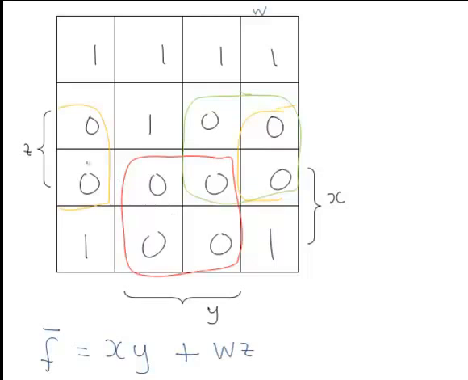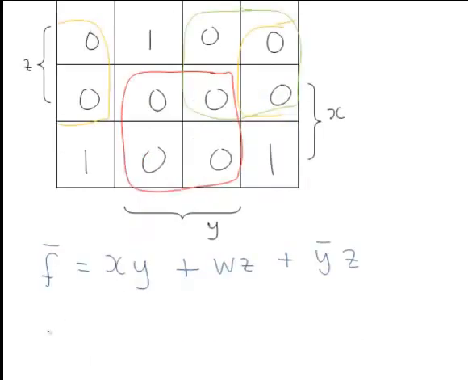And lastly, looking at our yellow 4 square that we saw over the edges there, that one is in y bar always, and it is also always in z. So this is the expression for the negation of our circuit, f bar, which means that the actual circuit f that we're interested in will be all of this with a bar over the top.